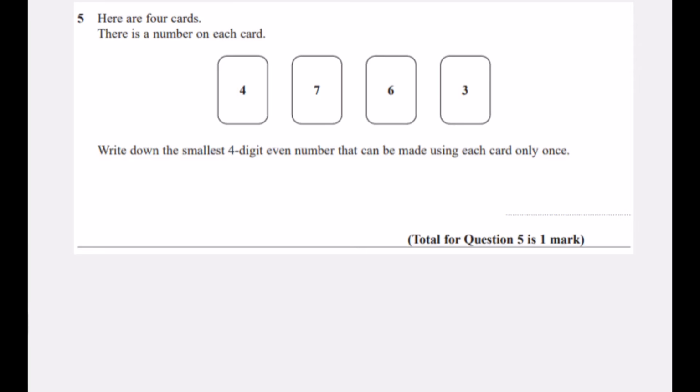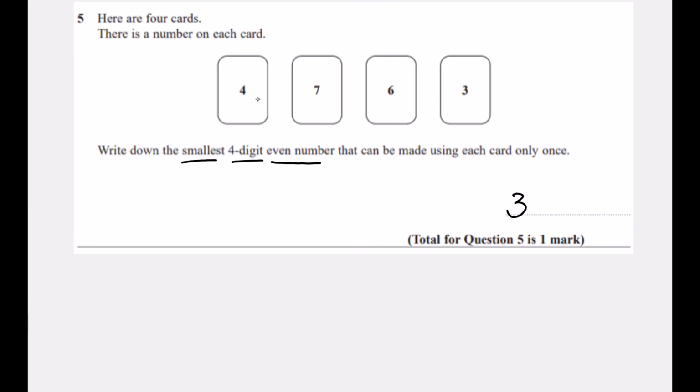Question 5. Here are 4 cards. There's a number on each card. Write down the smallest 4-digit even number that can be made using each card only once. So it's got to be even, and it's got to be the smallest possible number we can make. So let's have the 3 in the thousands.